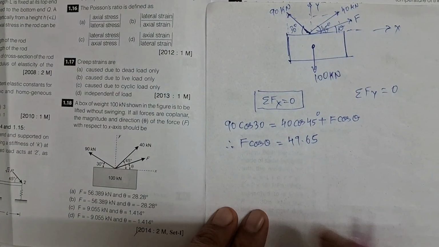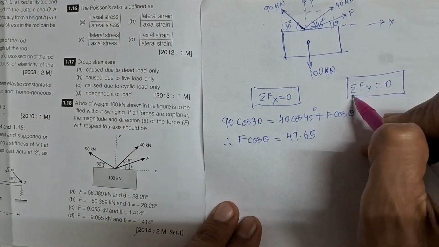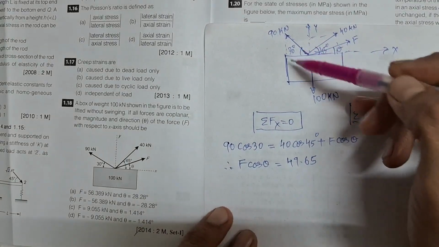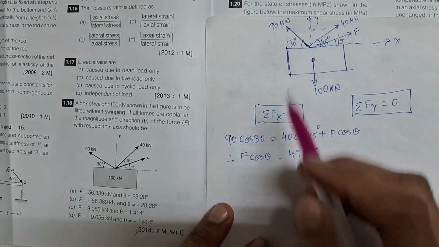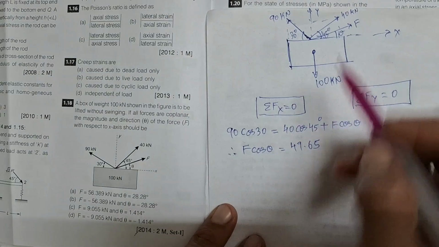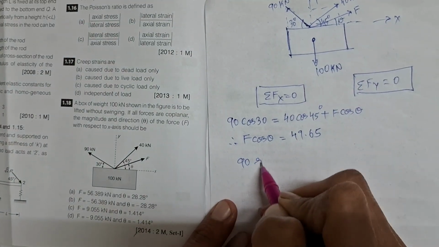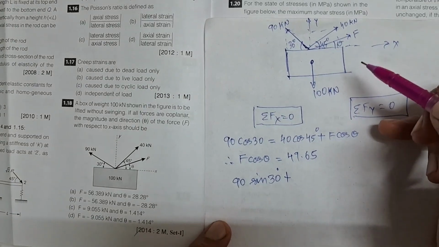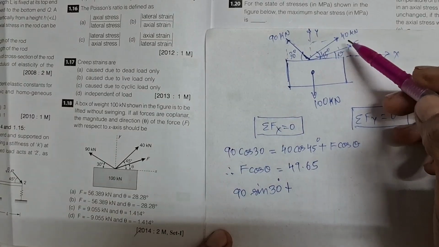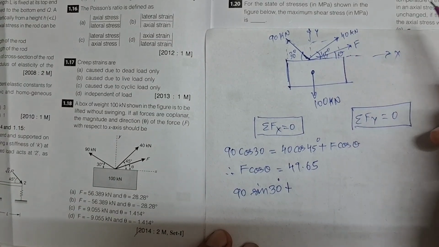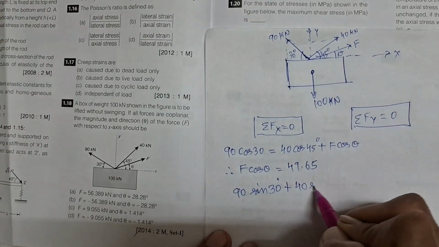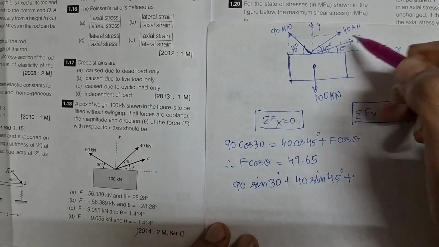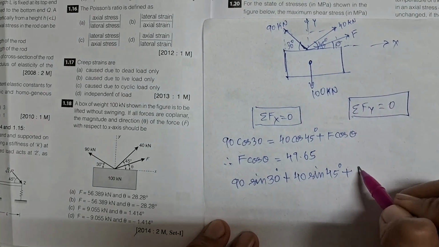Then another condition, sigma Fy is equal to 0. Here you can see the vertical component is 90 sin 30 degree, plus the vertical component of this 40 kilonewton, which is 40 sin 45 degree, plus F sin theta.